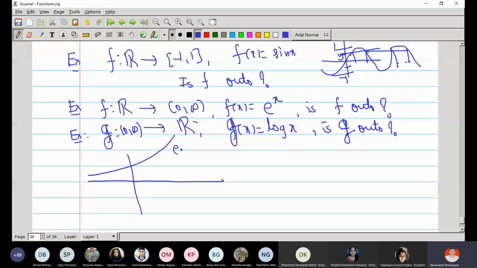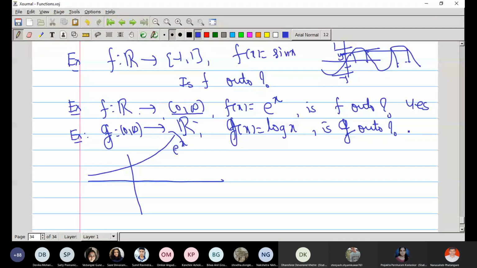And what is the range of e raised to x if you define it on R? 0 to infinity. So the range is 0 to infinity. And what is my codomain here? 0 to infinity. Therefore, if you define e raised to x from R to 0 to infinity, certainly it is onto.